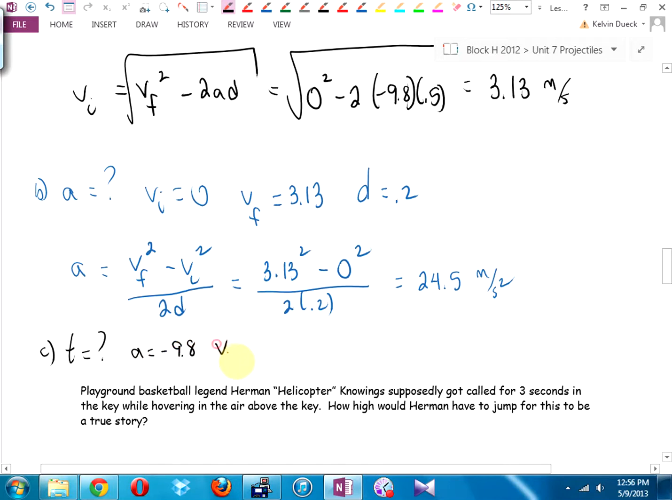I know at the top V final was 0. V initial leaving the ground was 3.13. I think that's enough. How can I calculate this?